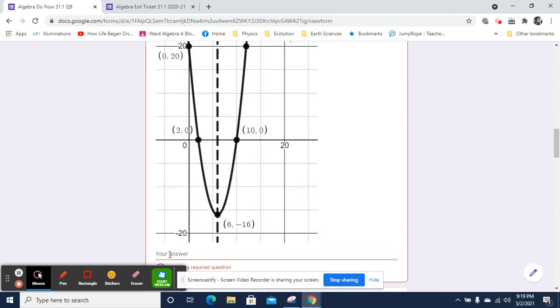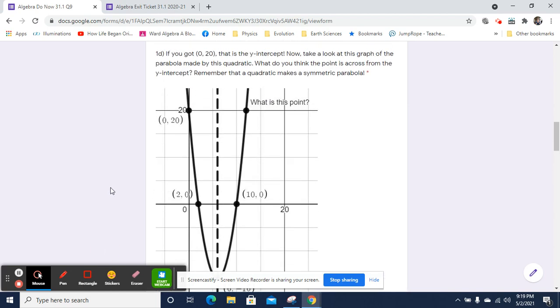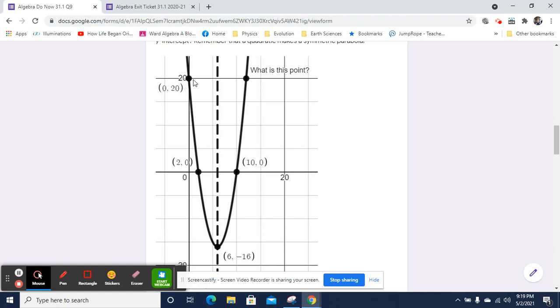So the y-intercept was at 20, so we're going to be at 2 times 6 comma 20, and we can rewrite that as 12, 20. And that will be a mirror point. And now we actually have 5 points that we could use to start mapping out a graph of a quadratic function.